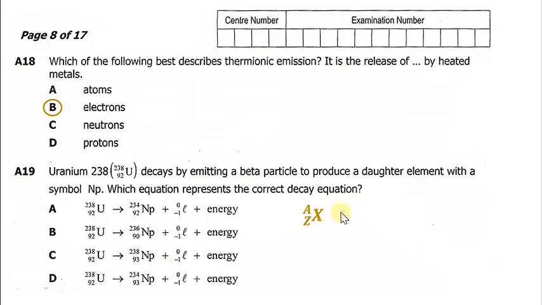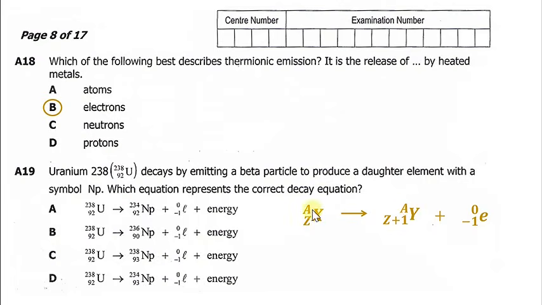If this one was a parent, and let's say it undergoes beta decay, so the daughter must be like this, plus this will be the beta particle. This is how we indicate the beta particle. So in that case, if this is the symbol of the parent atom, this is its atomic mass. The atomic mass of the parent atom and the atomic mass of Y, this Y is the daughter element, must be the same.